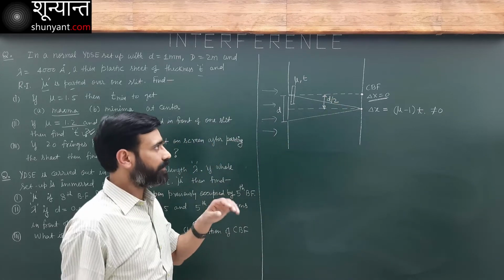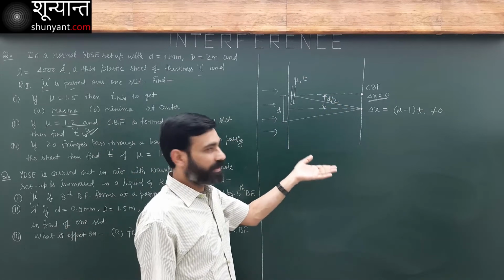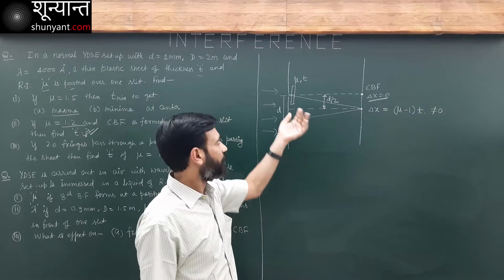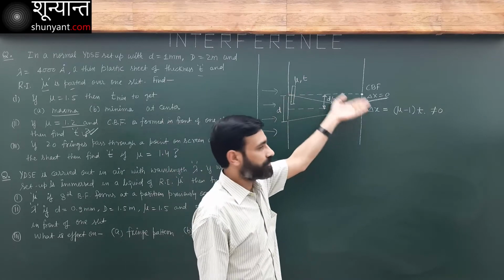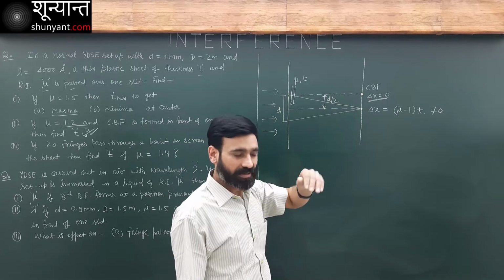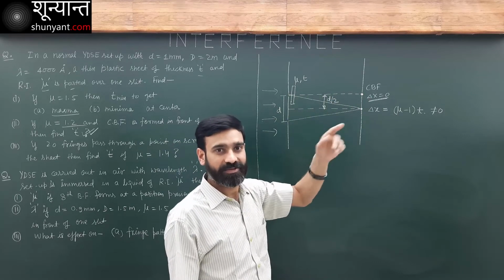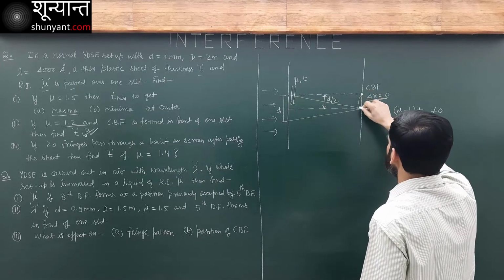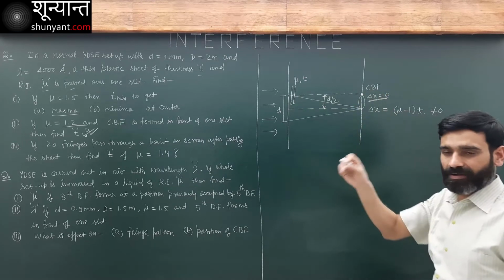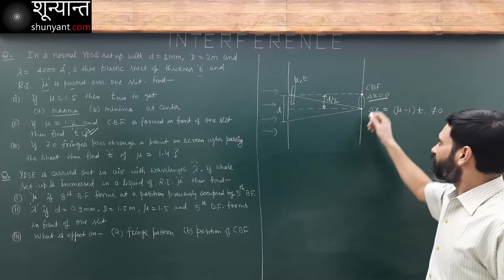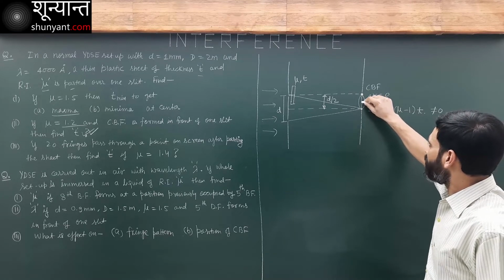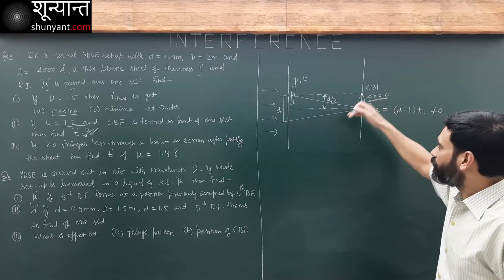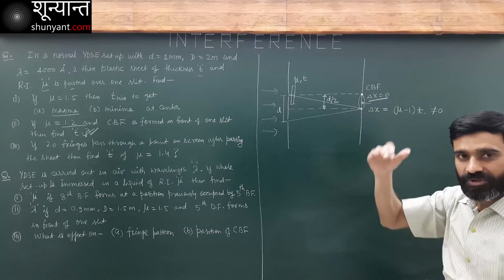We discussed that when I paste this, the whole pattern shifts, the central bright fringe shifts, and everything shifts up. Whatever number of fringes were contained here, 10, 20, 30, whatever, those many fringes are going to shift up when I observe at any point.